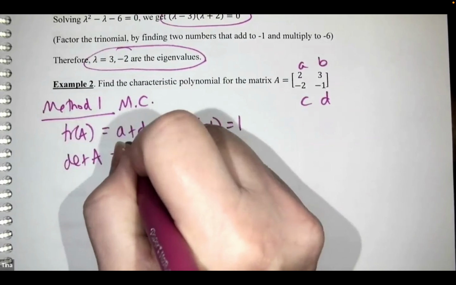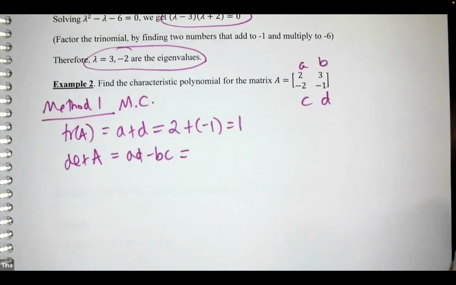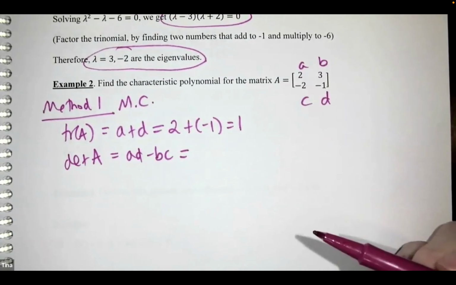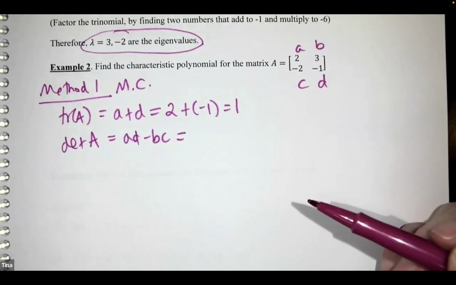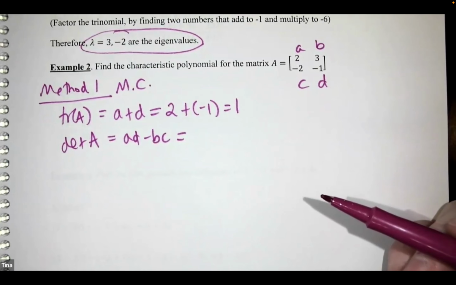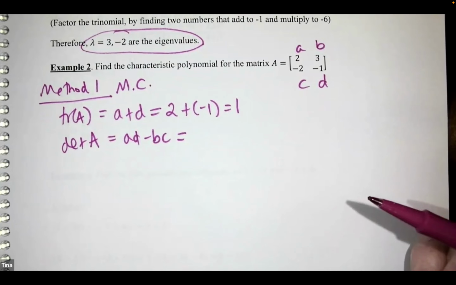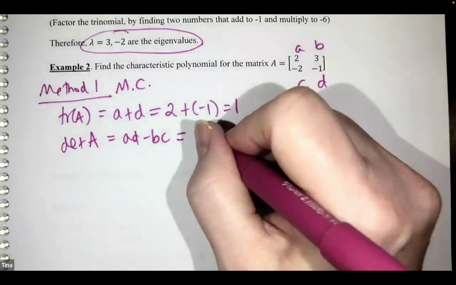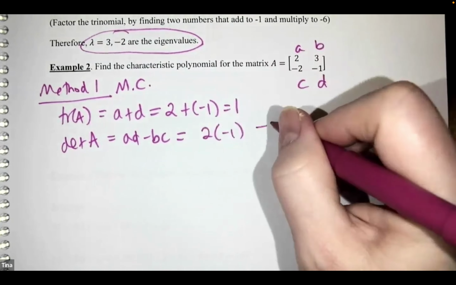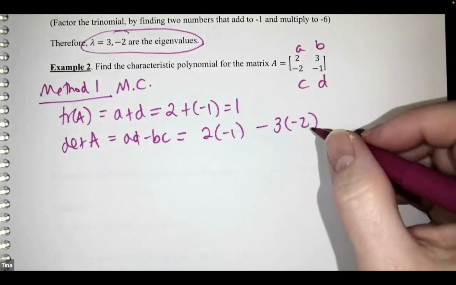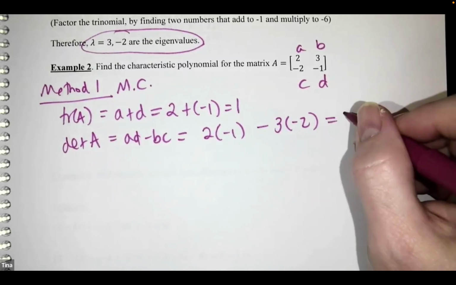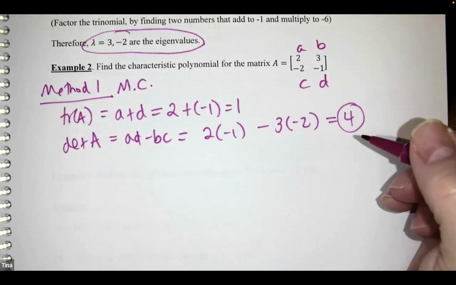Det A, AD minus BC. All right, go ahead and do your determinant here. So AD, 2 times negative 1, minus 3 times negative 2. So that's negative 2 plus 6. Negative 2 plus 6 is 4.